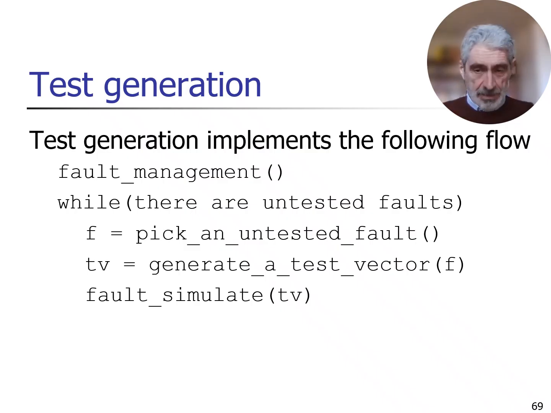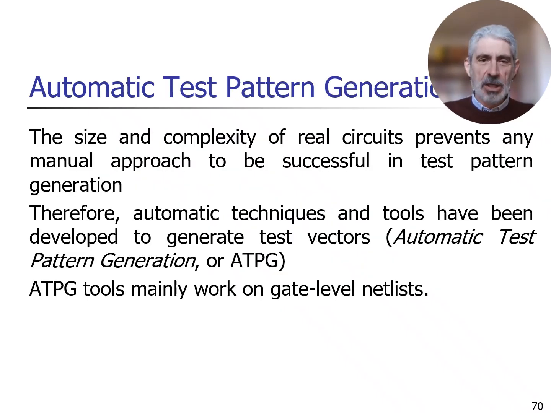Then the loop will repeat, selecting another untested fault, generating another test vector able to detect it, and then fault simulating the test vector in order to identify other faults that may be detected by the same test vector. And the loop will continue until still undetected, untested faults exist in the fault list. This is the scheme which is implemented in the commercial tools.